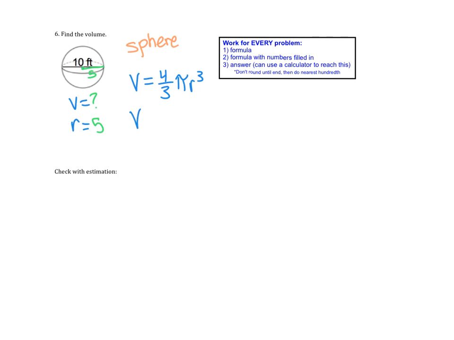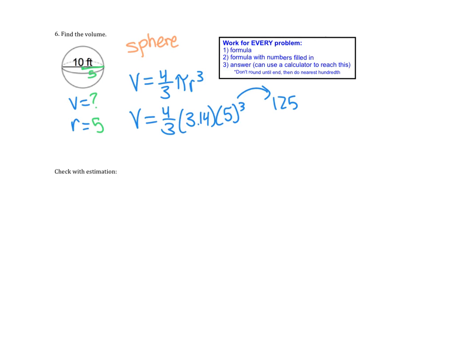When I fill that in, I get volume equals 4/3 times 3.14 times 5 cubed. Hopefully you know that 5 cubed is 125. When you type this into a calculator, you want to type in 4 divided by 3.